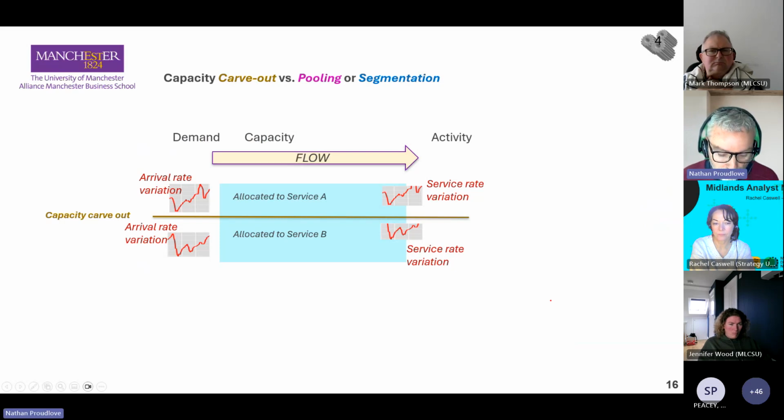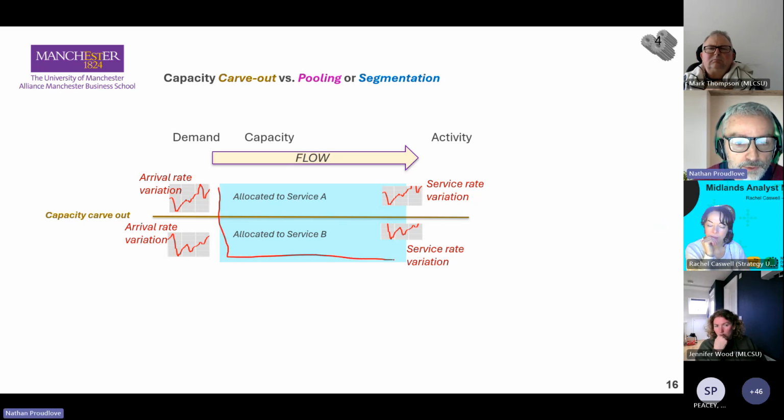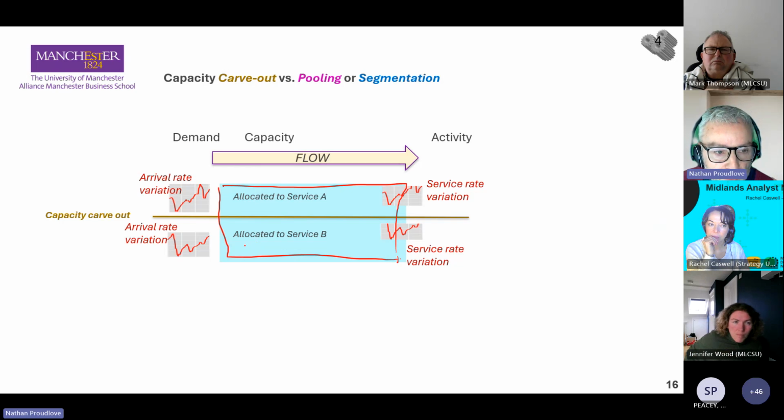And this really is the idea of carve out pooling and then maybe onto segmentation. So we call it carve out when you've got a capacity, a number of beds, for example, and you split them up. So you essentially ring fence them. You've got a wall in between them so that when one happens to be busy, randomness, and one quiet, they can't help each other.